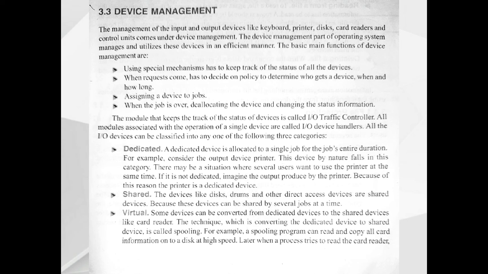Now shared. So shared devices, the devices like disks, your hard drive, drum, that was earlier a memory storage device, drum drive, and other direct access devices are shared devices because these devices can be shared by several jobs at a time. Your example is your disk drive, right?